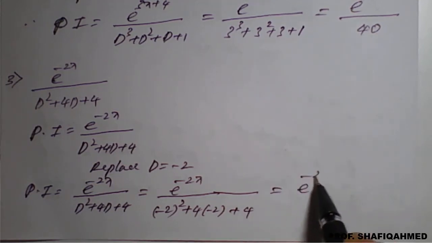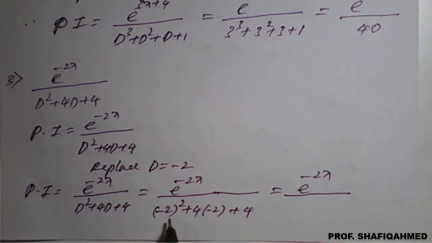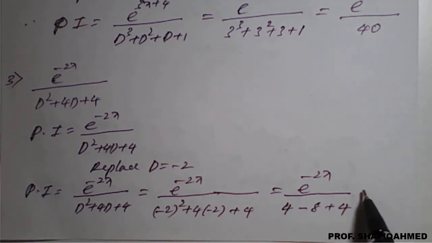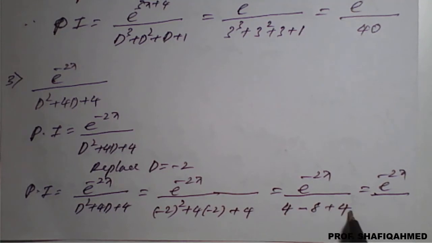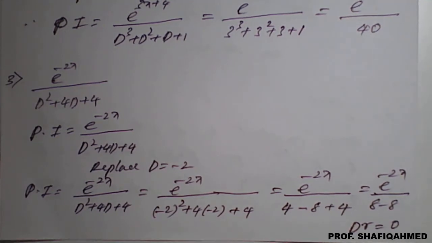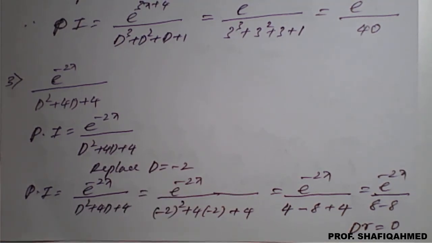Minus 2 whole square will become 4, 4 into minus 2 will be minus 8, plus 4. So you can see e raised to minus 2x divided by 4 plus 4 is 8, minus 8. You can observe the denominator is becoming 0. If the denominator is becoming 0, we have to differentiate the denominator, then apply the value d equal to minus 2 once again. Let's see now.